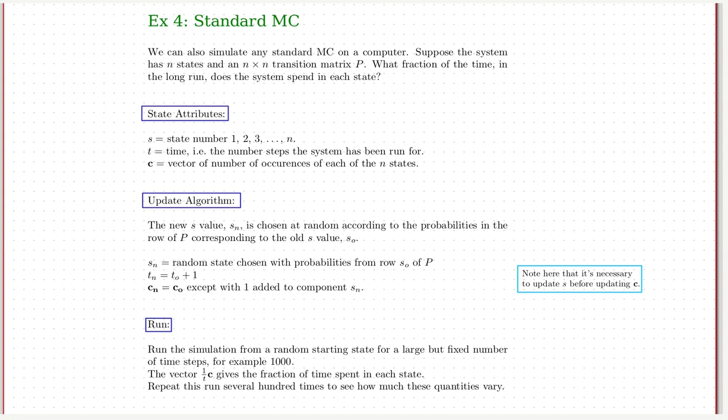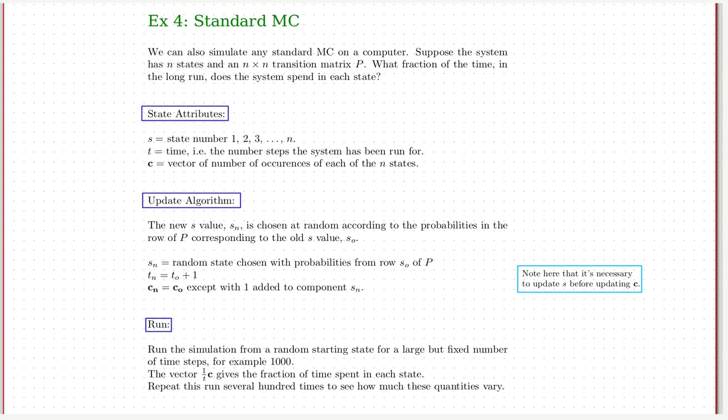And suppose we'd like to calculate that stable vector experimentally, in other words, using a computer simulation to estimate it rather than computing it exactly using the mathematical theory.